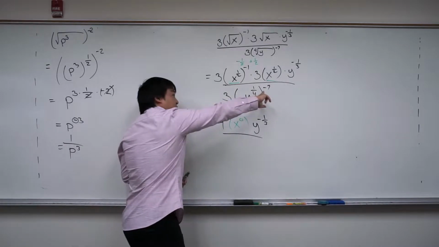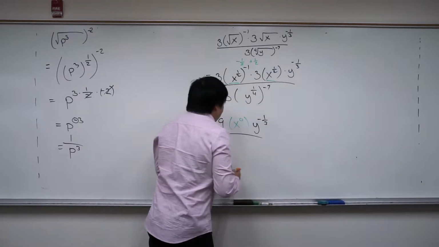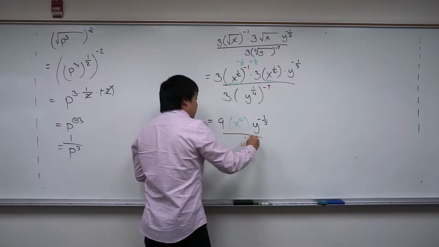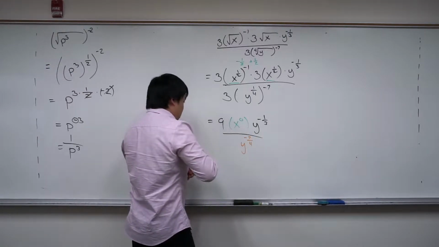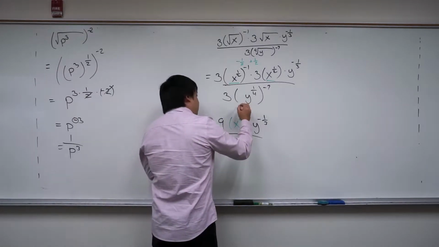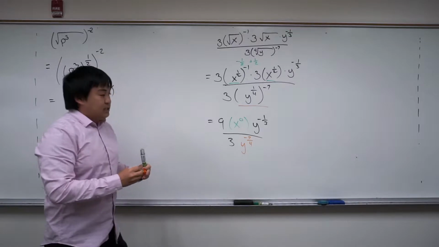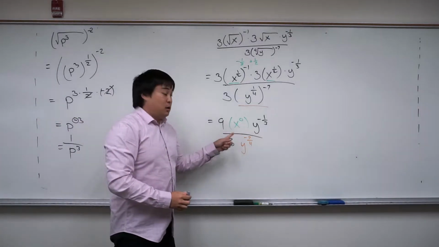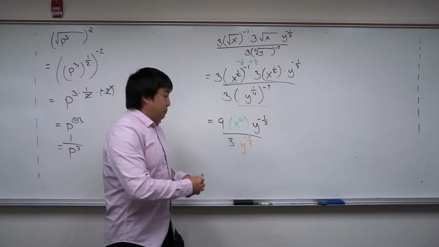The multiplication here, when we multiply fractions, is going to be y to the -7 over 4. And the denominator still has a 3 in it. So this one part is that y to the -7 over 4. So x to the 0 is 1, and 9 divided by 3 is 3.